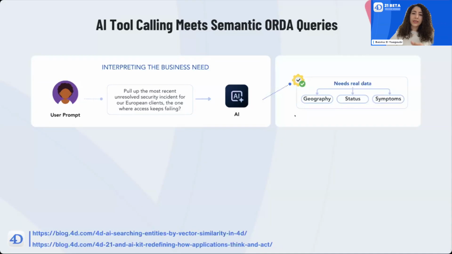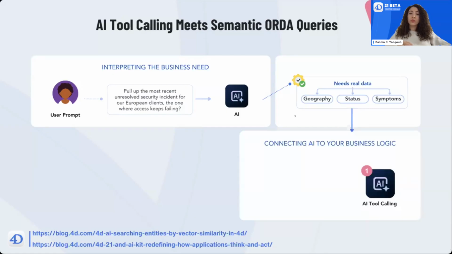The AI module here understands the request, but it also recognizes what it cannot invent. It needs real information, geography, status, symptoms, everything your application already knows. This is when our new feature, AI tool calling, becomes essential.